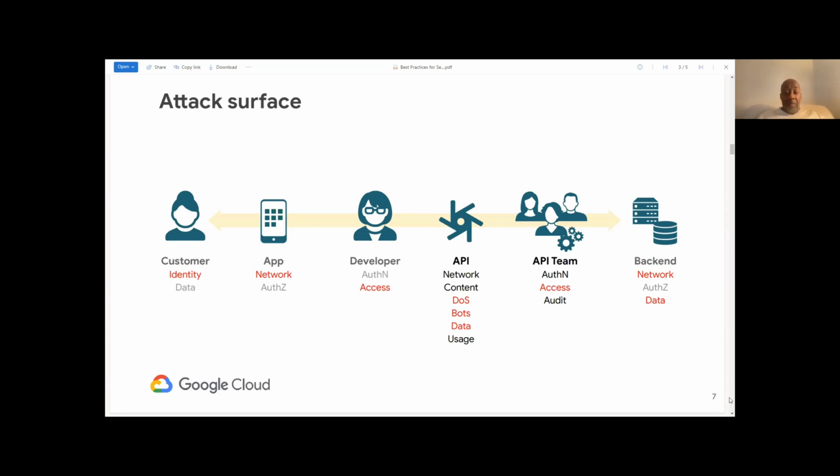So again, best practice number one is understand how your system is being used, understand how the APIs have been architected and organized, and then create an assessment of your threat profile and your attack surface, and adopt a strategy to address them based on how you prioritize each of those types of threats.